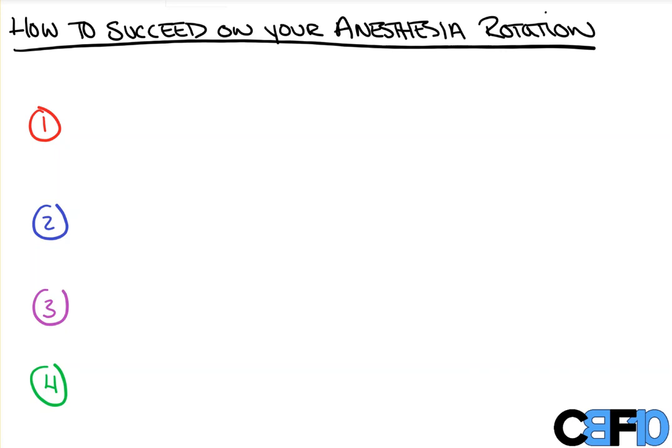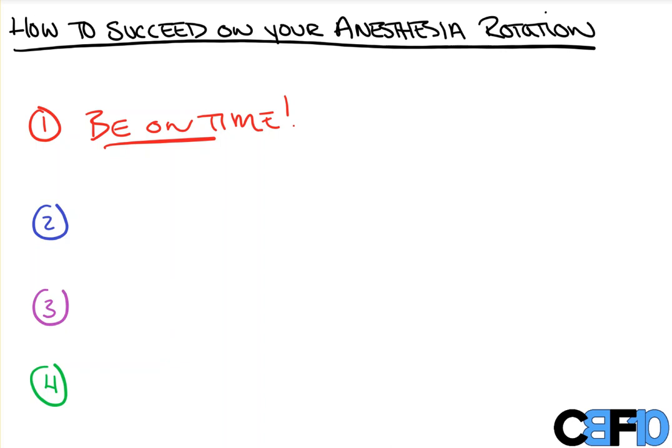Otherwise, let's jump in. So the first thing that we're going to say is be on time, okay? And when I say be on time, I really mean show up early. I'm not saying an hour early, but if you know that cases start at 7:30, figure that before the case starts, your resident and or attending, whoever you're working with, they'll have to do a chart review if they haven't already.